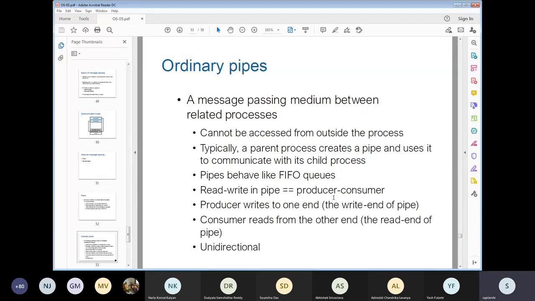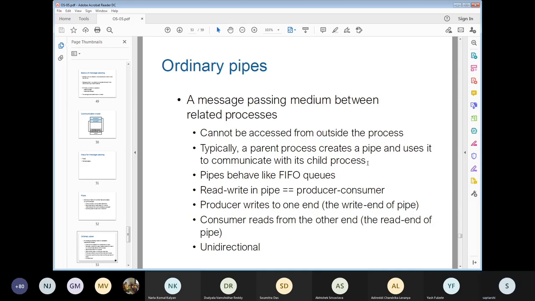As I said, there are two types of pipes: ordinary pipes and named pipes. Ordinary pipes are the message passing medium between related processes. So this cannot be accessed from outside these related processes. Typically a parent process creates a pipe and uses it to communicate with its child process.